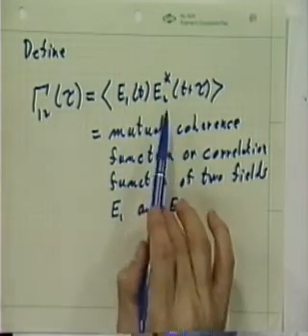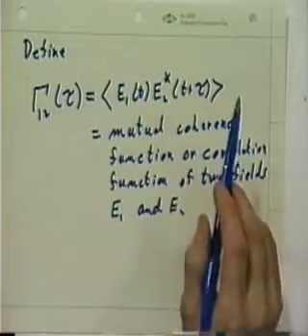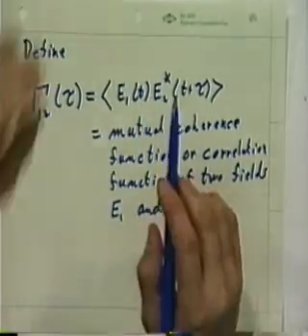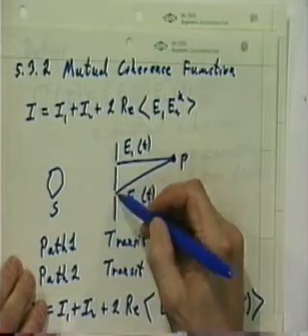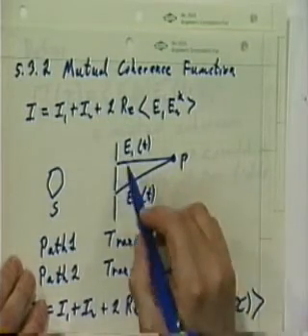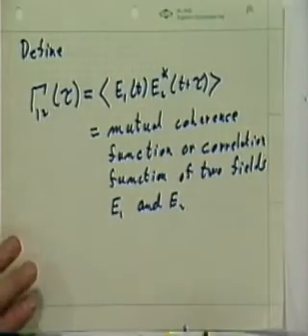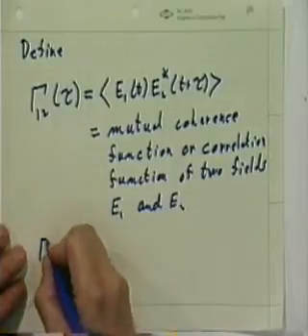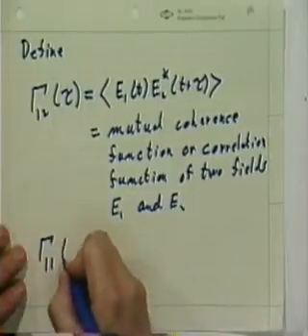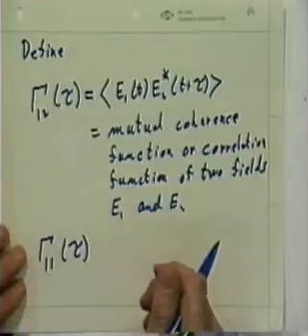And the 1 and the 2 mean they're going along different paths, really that they're different locations in space. And the t and the tau mean a different path difference, a different transit time difference. Another definition we should make is gamma 1, 1 of tau, which is going to be called the self-coherence function.